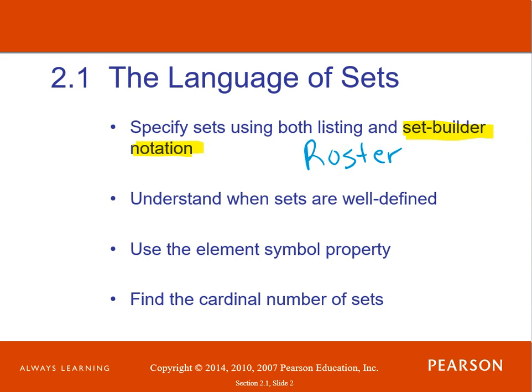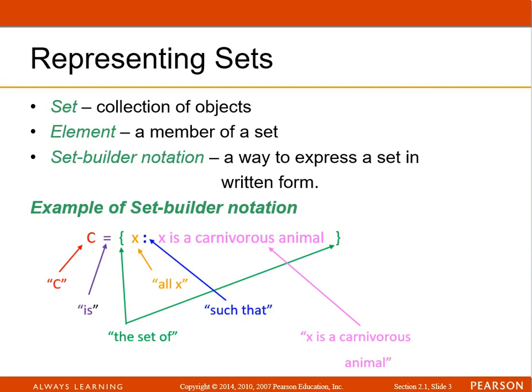Okay, so moving on. A set is a collection of objects. So for me, everybody who is registered in this class is in my set. You're my set of M110 online students. And every one of you is considered an element of that set. An element is a member of a set.